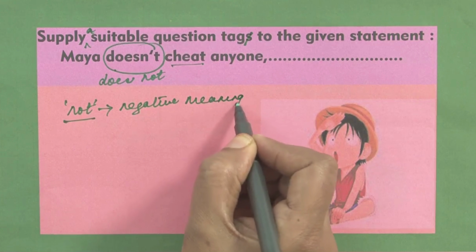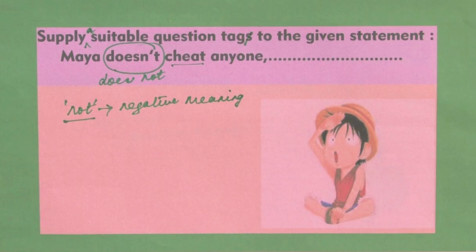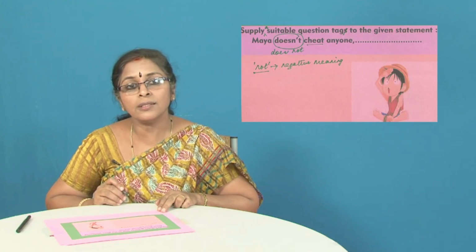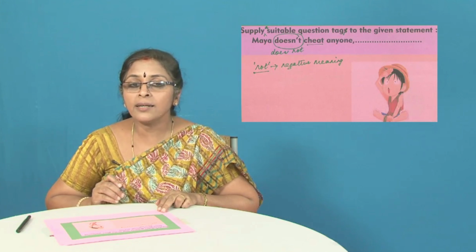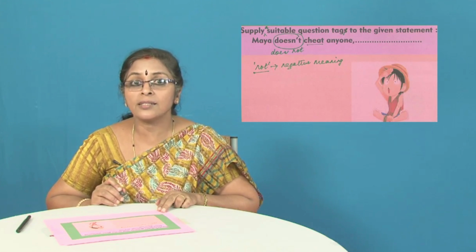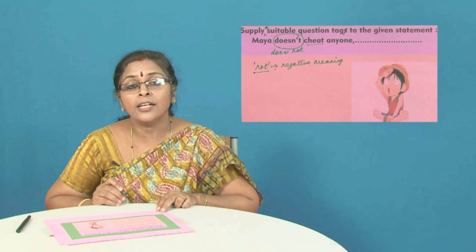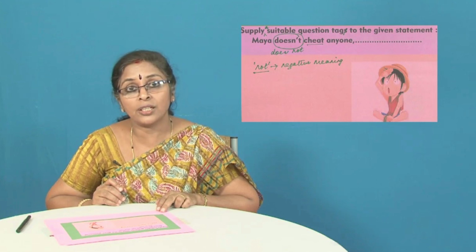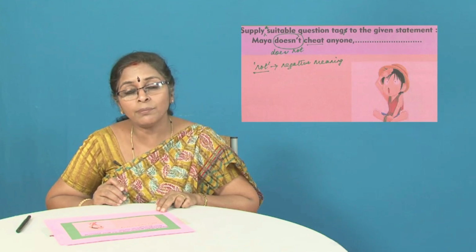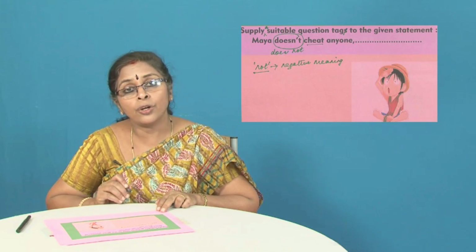So, your question tag must be in the positive. So, what is the positive form of does not? The positive form of does not is does. So, Maya doesn't cheat anyone, does. Are you going to say does Maya, or are you going to say does she? It is obviously going to be does she, because I told you when you have names of boys or girls, you are not going to make use of the name of the boy or girl.